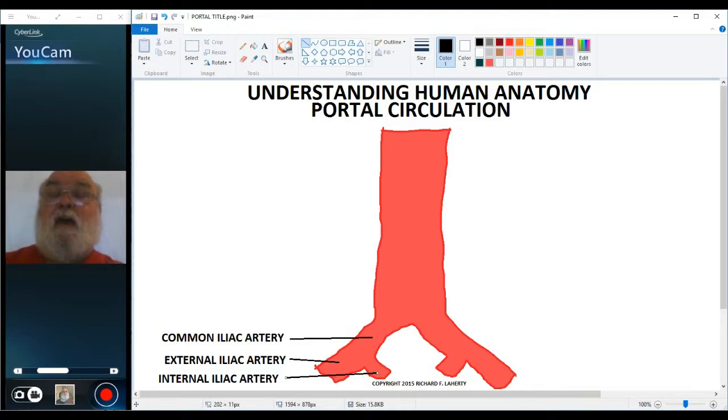Now, the internal iliac artery will be supplying the pelvic viscera with the exception of the gonad and also the gluteal region. The external iliac artery will supply the lower extremity.